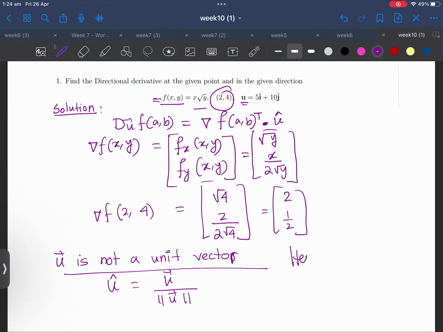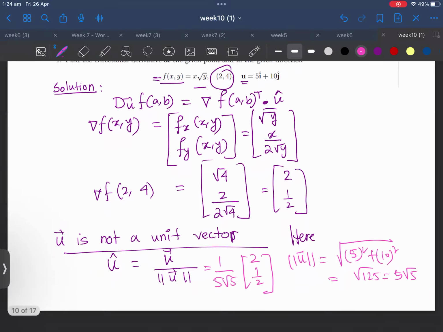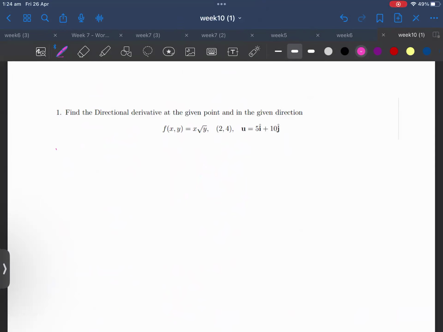So here, look, the norm of this is square root of 5 squared plus 10 squared. So that will give you square root of 125. So 5 over square root 5, so 1 over 5 square root 5, and this one. So this is your unit vector. Okay. So finally, we have the unit vector here.